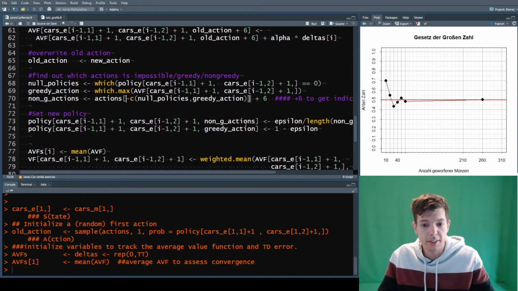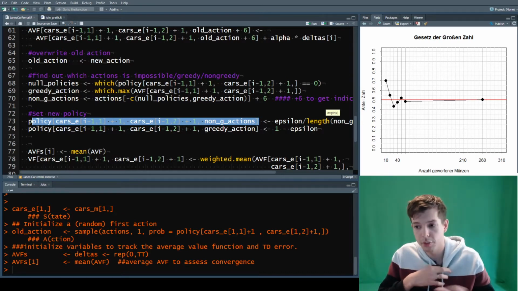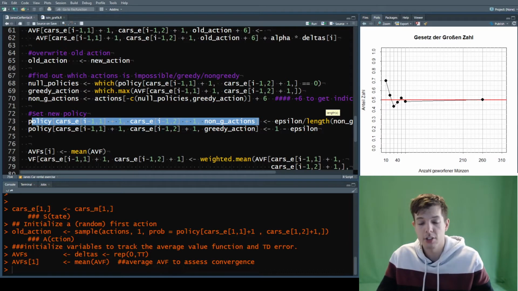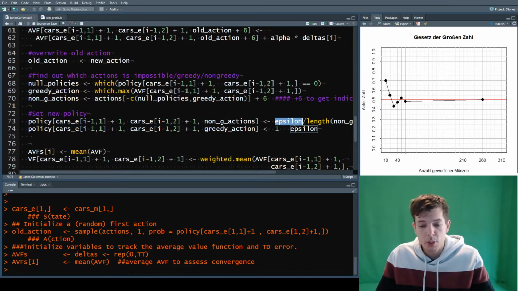The policies at the non-greedy actions is equal to epsilon divided by the length of the non-greedy actions, because we can have different amount of non-greedy actions depending on how many actions are impossible. If we are at the point 0, 0, 0, 0, meaning we have no cars in either location, of course, many of the actions are impossible, so the probability epsilon is distributed among fewer actions.